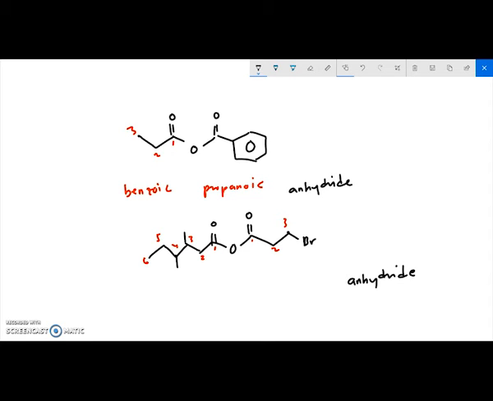The structure over here. So 3 carbon we call as propanoic.